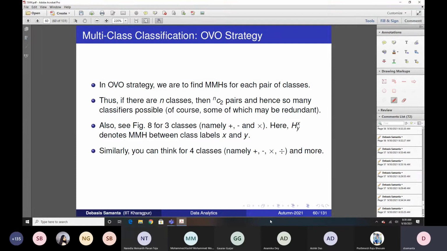Considering minus and cross, you obtain a second decision maker, corresponding to the second hyperplane. Next you consider plus and cross, ignoring the data which belongs to the class minus. This gives you another subset of the training data, and using it you obtain a third hyperplane, with another decision maker, del 3x.